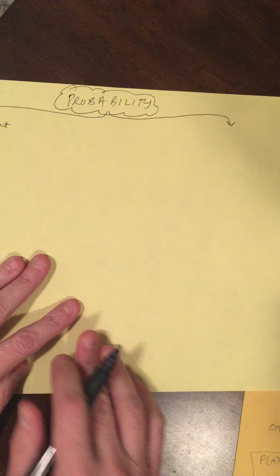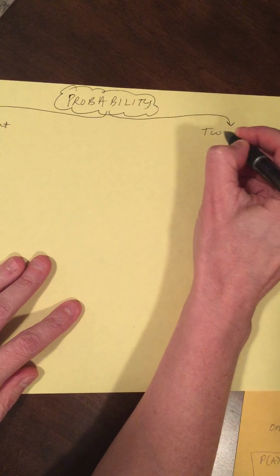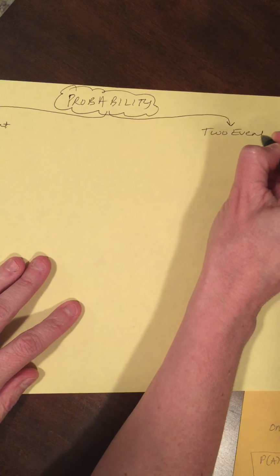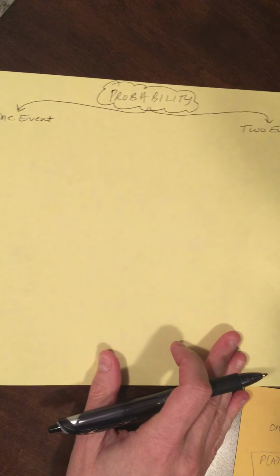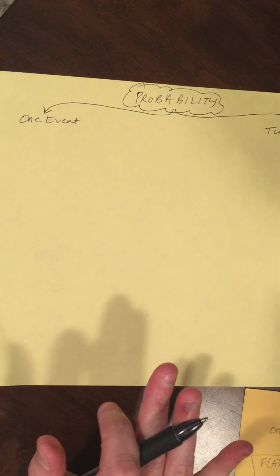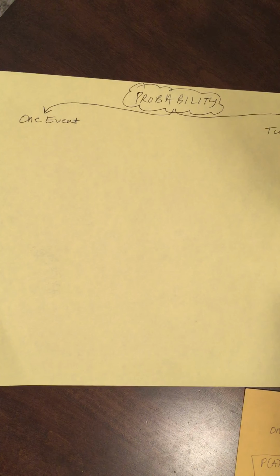The branch to the very left is going to be called a one event type of scenario. And the branch to the right, we're going to call two events.